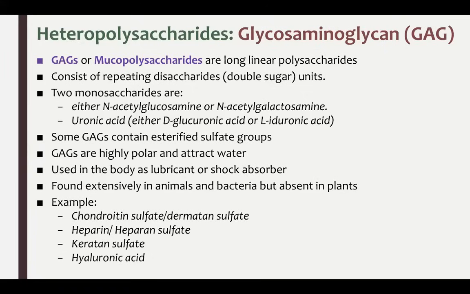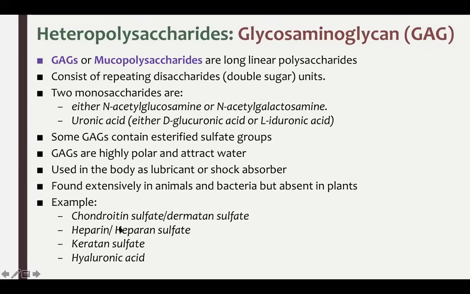GAGs are highly polar, so they can attract water. They can be used in the body as lubricant or shock absorber. We will discuss this briefly in the next slides. They can be found extensively in animals and bacteria, but are largely absent in plants. However, some GAGs are found in fungi also.